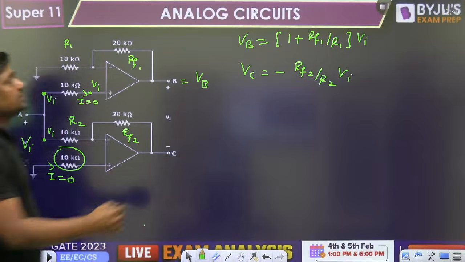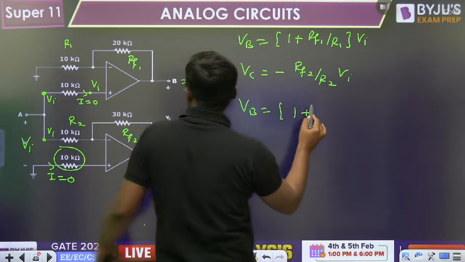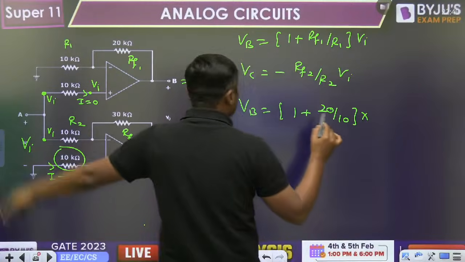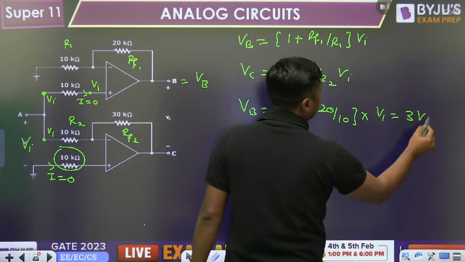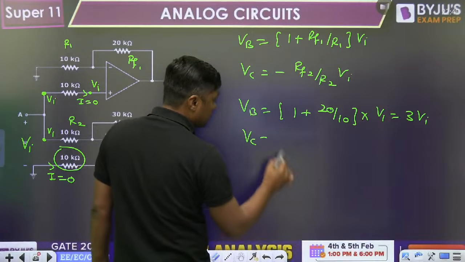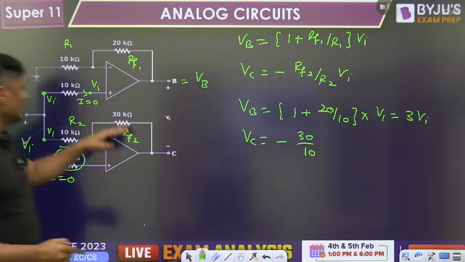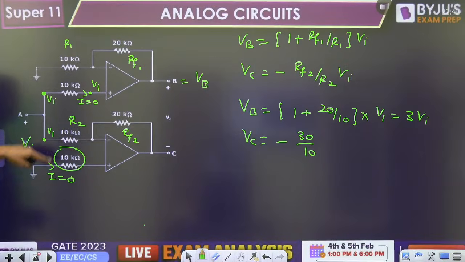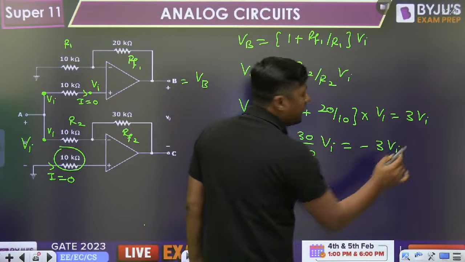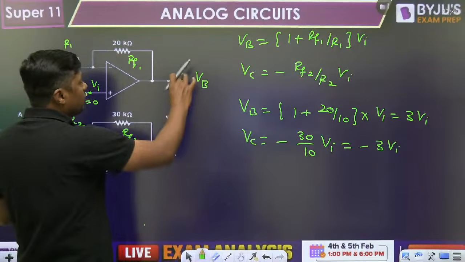So VB will become 1 plus 20 by 10 into VI, that is nothing but 3 VI. And VC will become minus 30 by 10, that is RF by R2 into VI, that is minus 3 VI. Now, what is the actual output? VB minus VC.